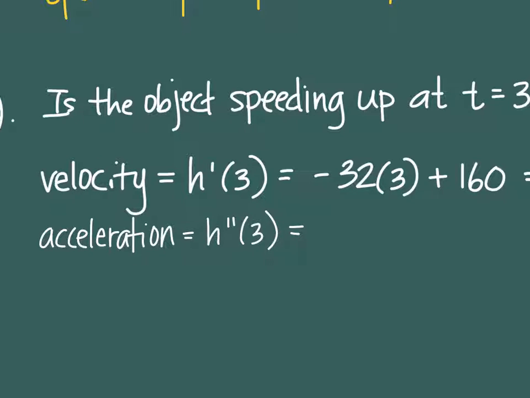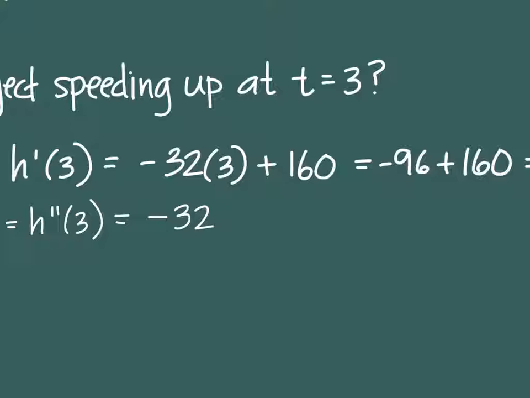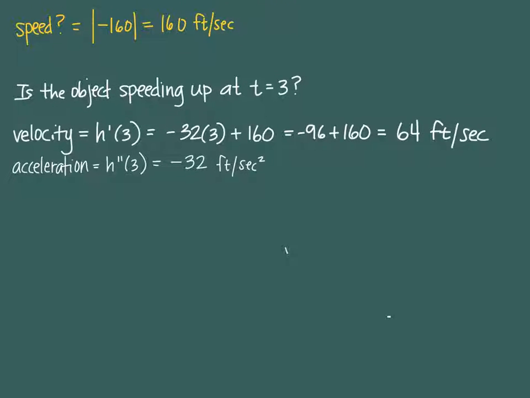Acceleration would be the second derivative. So based on what your first derivative is, what did the second derivative turn out to be? Negative 32. That's it. It's a constant. Which should make sense because the only acceleration is due to what physical force? Gravity. That's the only acceleration here. And acceleration is measured in what unit? Feet per second squared.